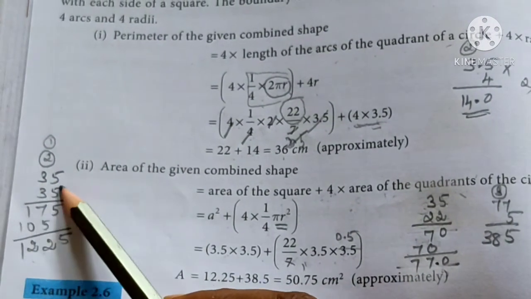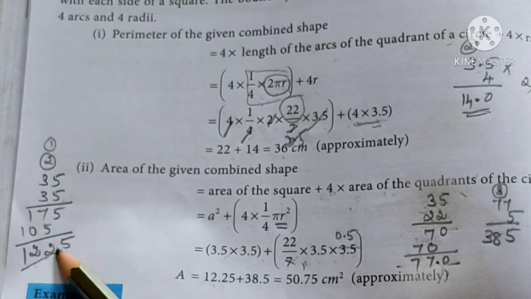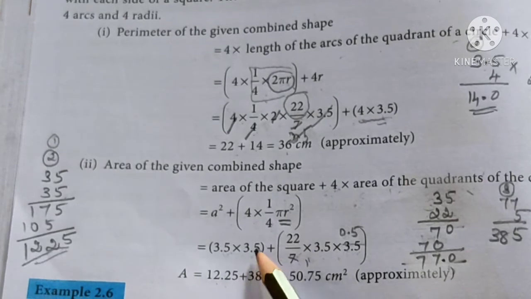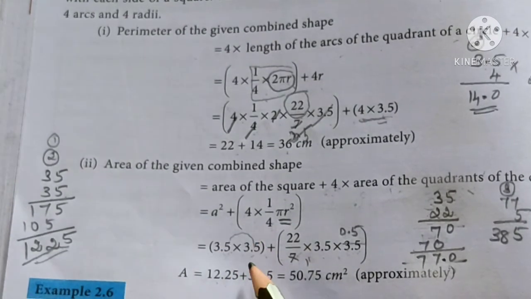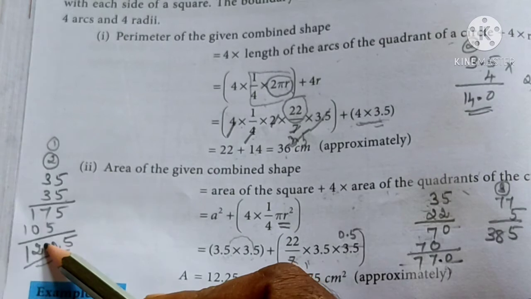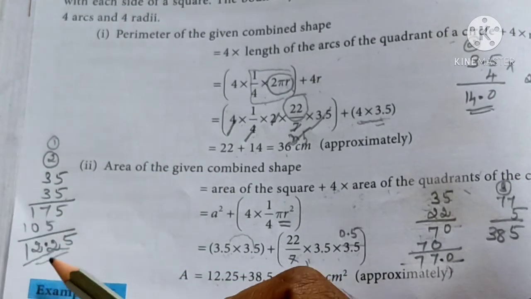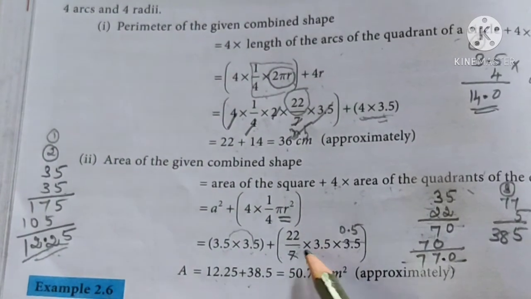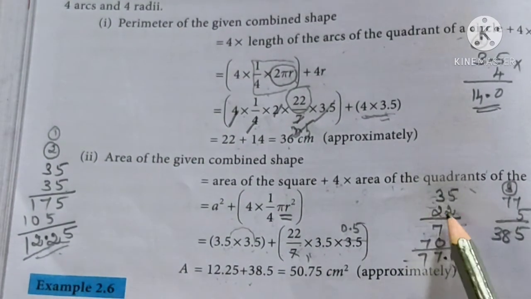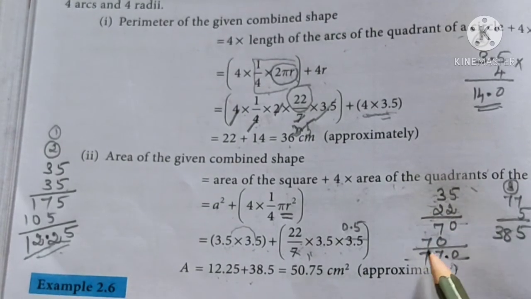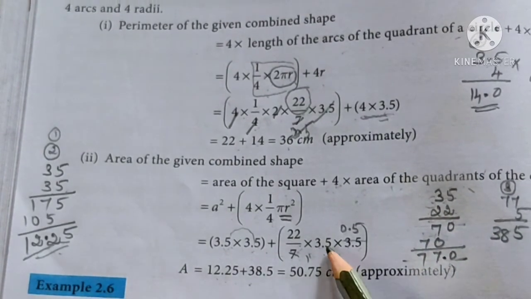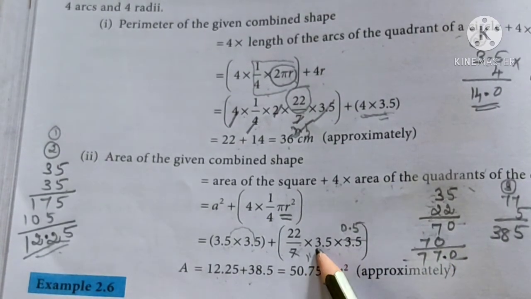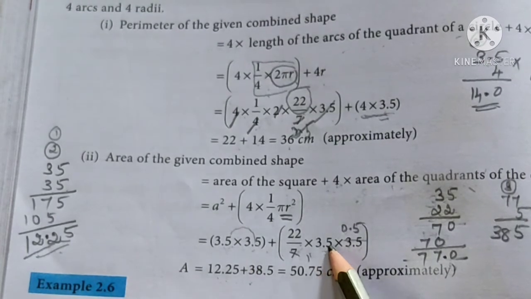Or multiply 35 into 35, we get 1225. So decimal point after 1 digit, here also decimal point after 1 digit. Totally how many digits? 2 digits. So take the point before 2 digits, 12.25. Plus multiply 22 into 3.5. So multiply 35 into 22, you get 770. So 1 digit after, we write the decimal point, because in 3.5 the point is after only 1 digit.